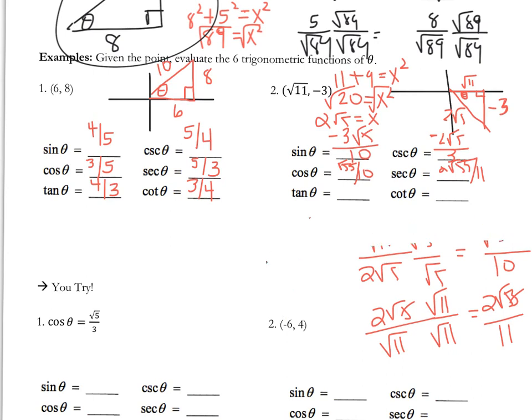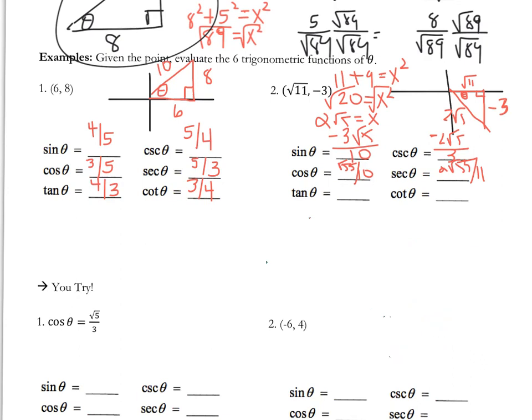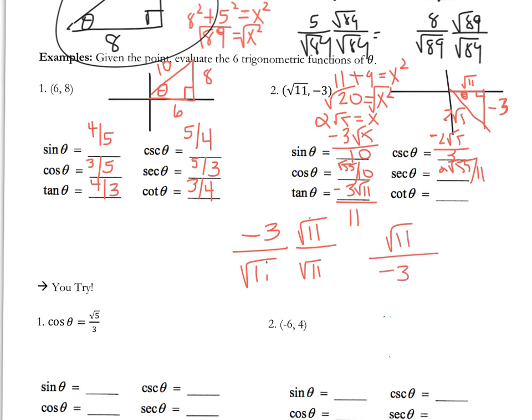Tangent is opposite over adjacent. So tangent is opposite, which is negative 3, over adjacent, which is square root of 11. Now I have to rationalize the denominator. So I have negative 3 square root of 11 over 11. Then cotangent is adjacent over opposite, so negative square root of 11 over 3.